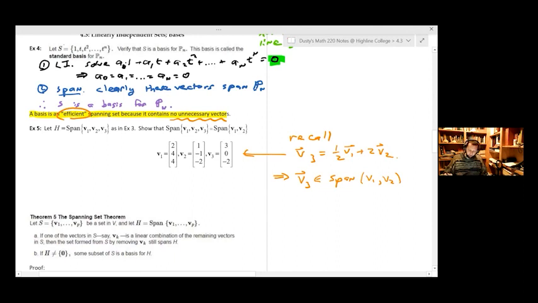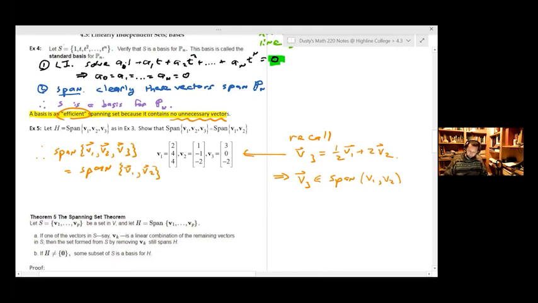Since V3 is in the span of V1 and V2, that's enough to show that the span of V1, V2, V3 is equal to the span of just V1 and V2.